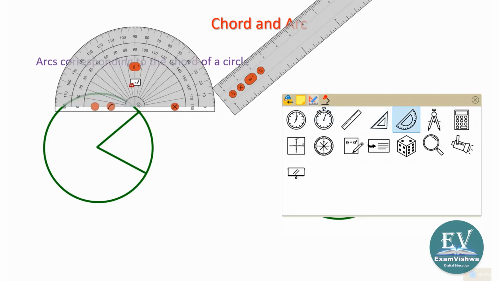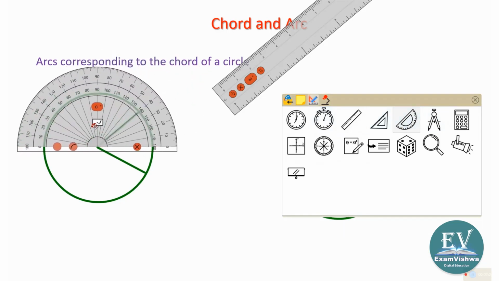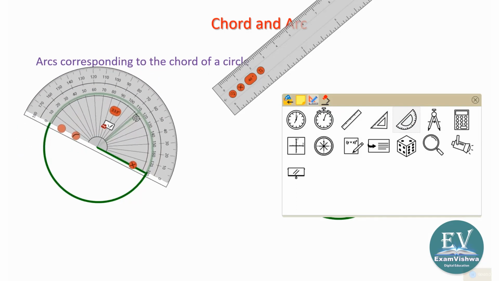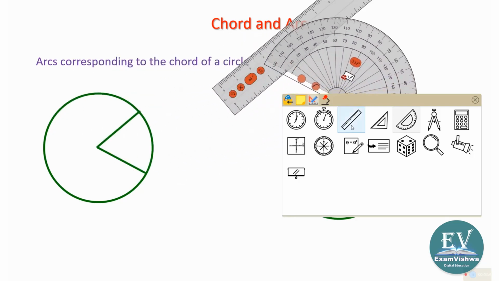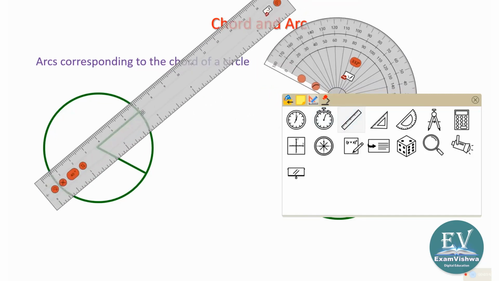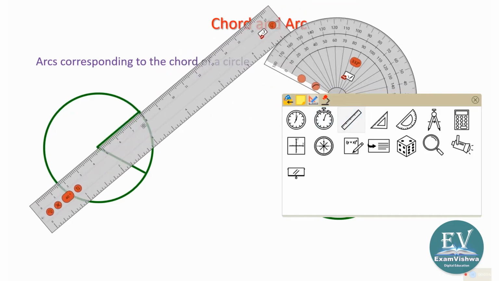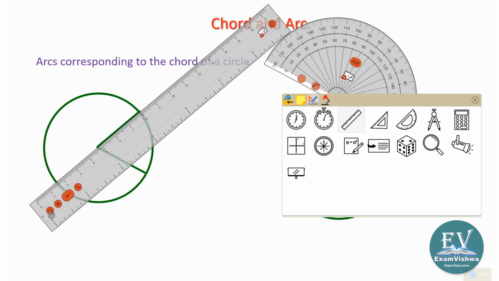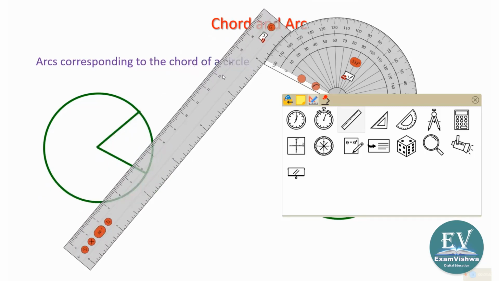For that I need a protractor. I will take the protractor here and find out the measure of the angle I have drawn. It is from 0 here, it is almost 69. So what I am going to do is draw one more angle in the same circle.